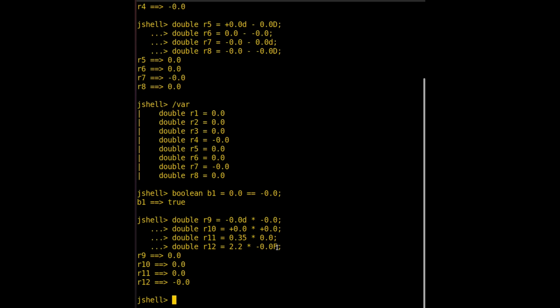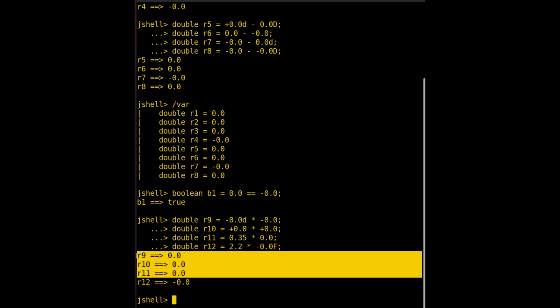and that's supposed to be a float, but it will convert to a double. So what's the output here? R9, R10, R11 are giving me doubles. A negative times a negative, as we know, will give me a positive.